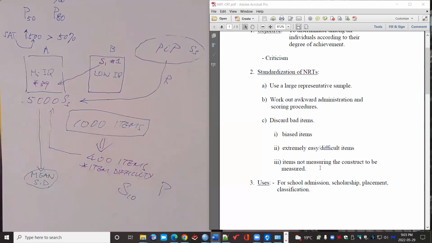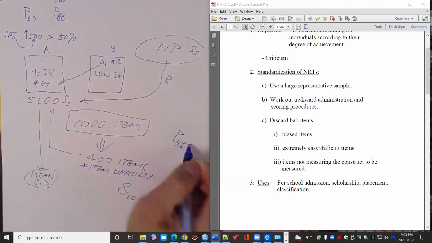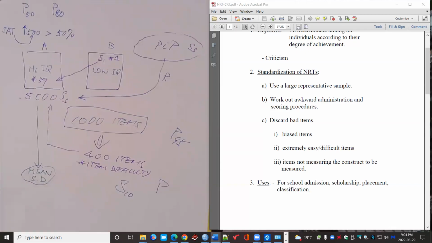So anyway, NRT can be used for school admission. That is to say, anyone with a percentile of 70 or above will be admitted. Scholarship: anyone with a percentile of, say, 95 will be given a scholarship.